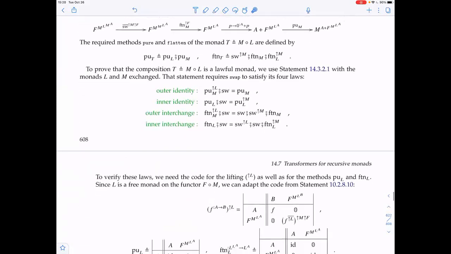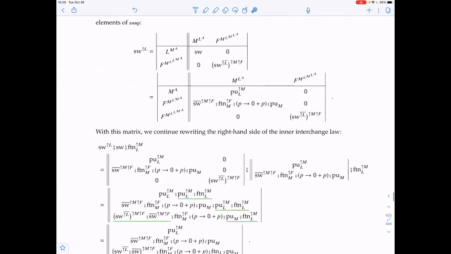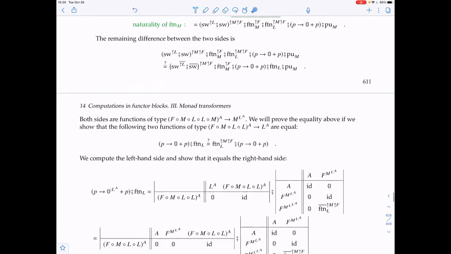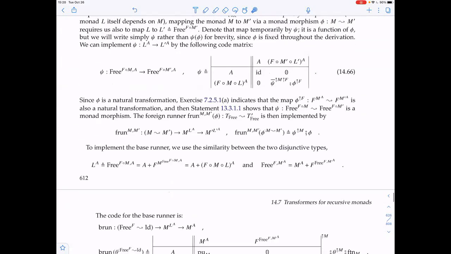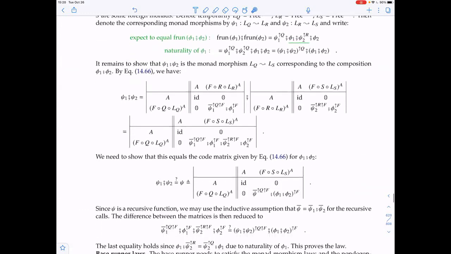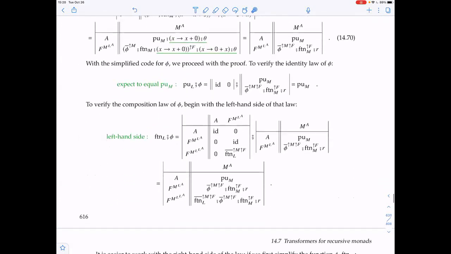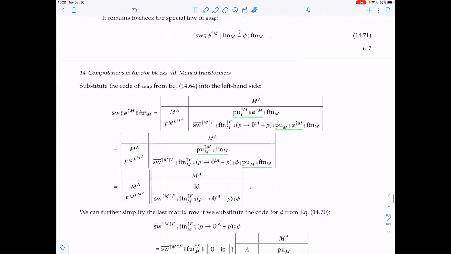The other laws of transformers will not follow. So we use the swap function to prove that it is a monad, but then we have to do a lot of other proofs. So this proof is quite complicated.